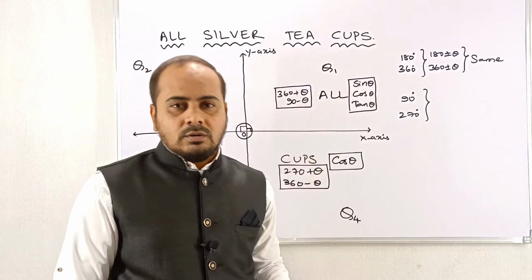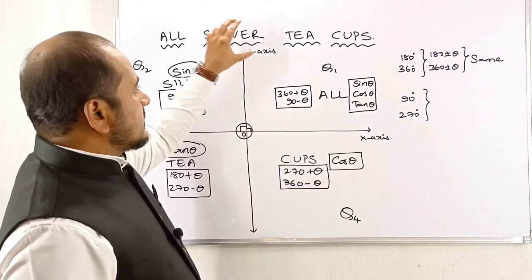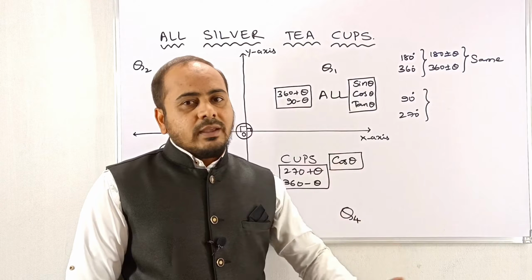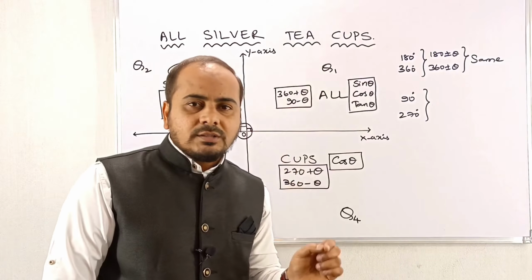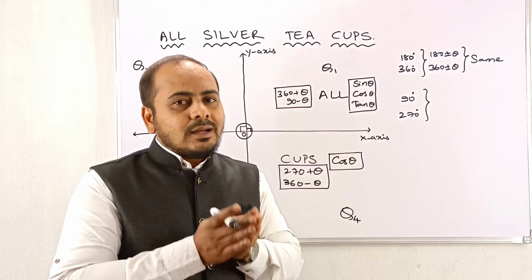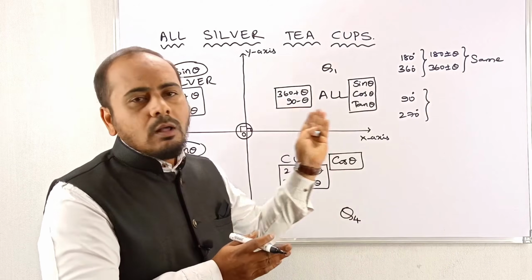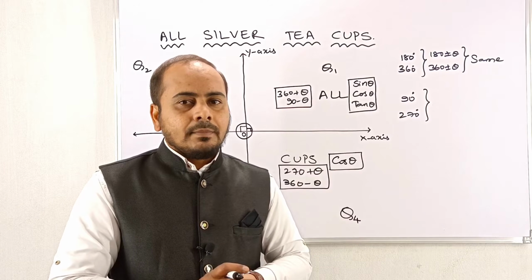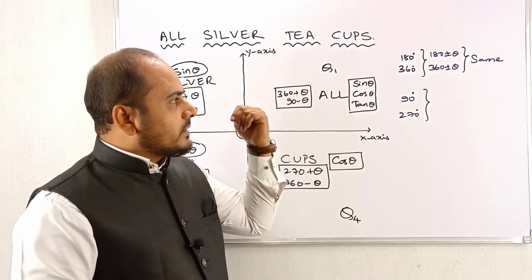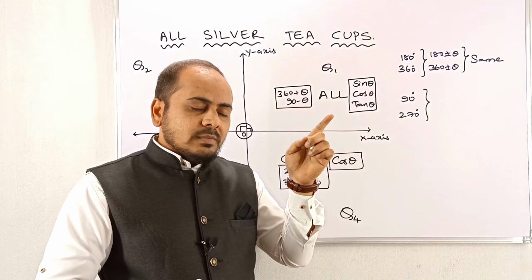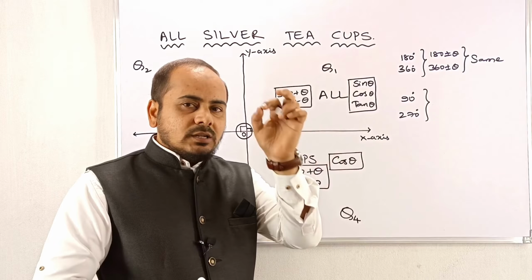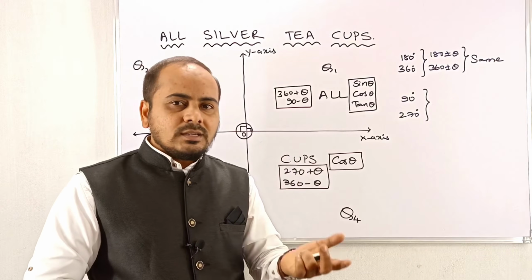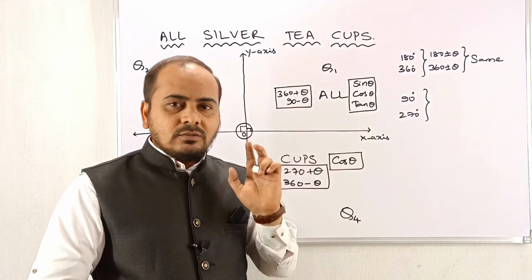Remember, that is one of the codes. We have the proof also for that, but this is not the time to explain all these concepts, my dear. That's why I suggest directly how to remember: 180 plus or minus theta, 360 plus or minus theta, the same ratios come. What same ratios for which one? That too we shall discuss.